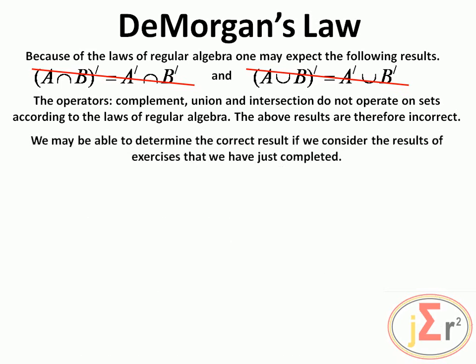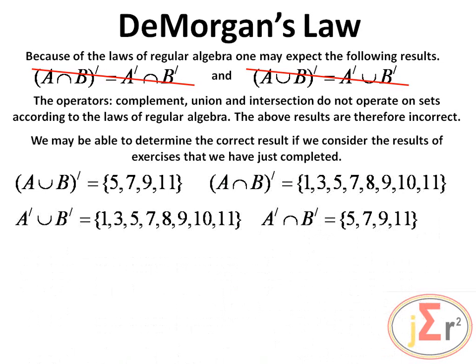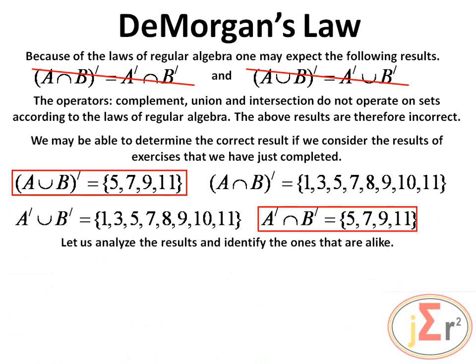We may be able to determine the correct result if we consider the results of the exercise that we have just completed. So if we take a look at the results of the exercises that we have just completed, then we will know the truth of it. If we take a look, we'll realize that those two are the same.